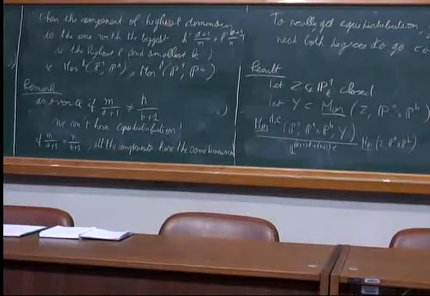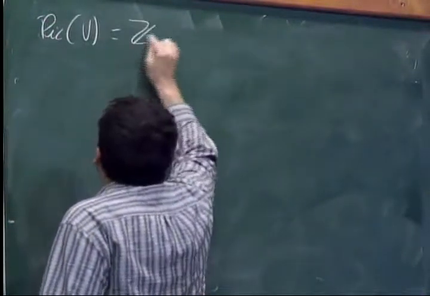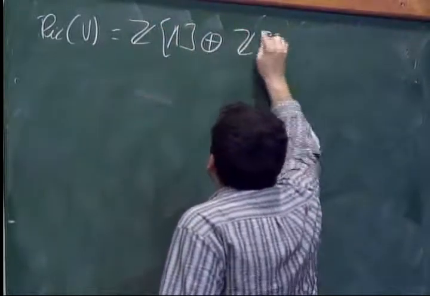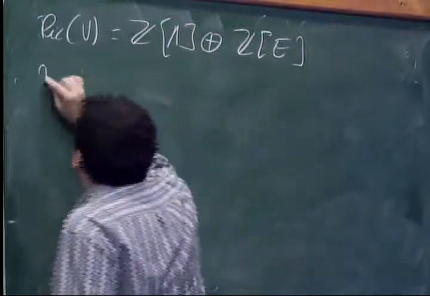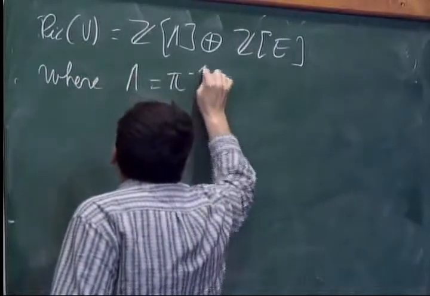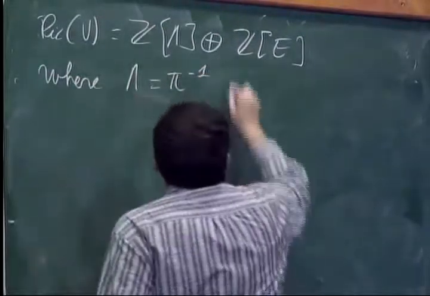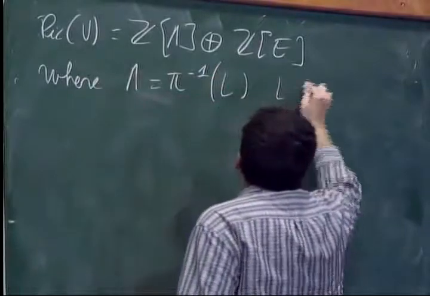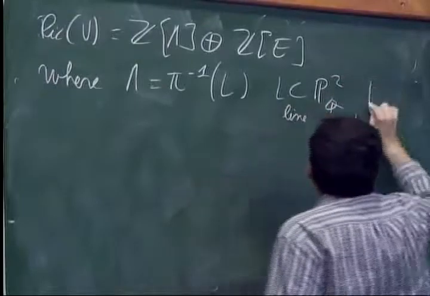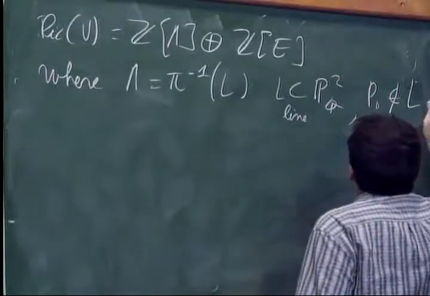And I should say that in fact we get everything, because the Picard group of V, I can describe it as Z times lambda plus direct sum Z of E, where lambda is the inverse image by pi of some line L, where L is a line in P2 which does not contain P naught.